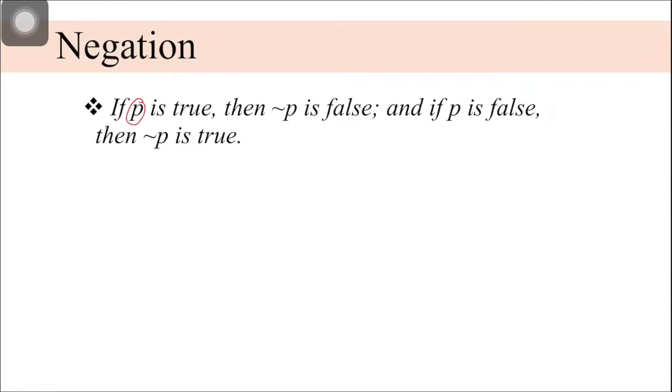If the statement P is true, then the negation of P is represented by this symbol. So, if the statement P is true, then the negation of P is false. And if P is false, then the negation of P is true.